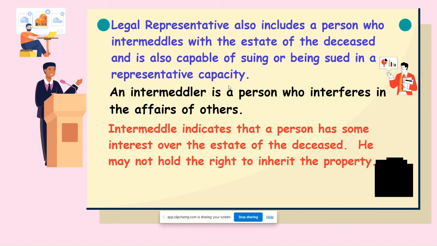An intermeddler is a person who interferes in the affairs of others. Intermeddling indicates that a person has some interest over the estate of the deceased. He may not hold the right to any of the property.